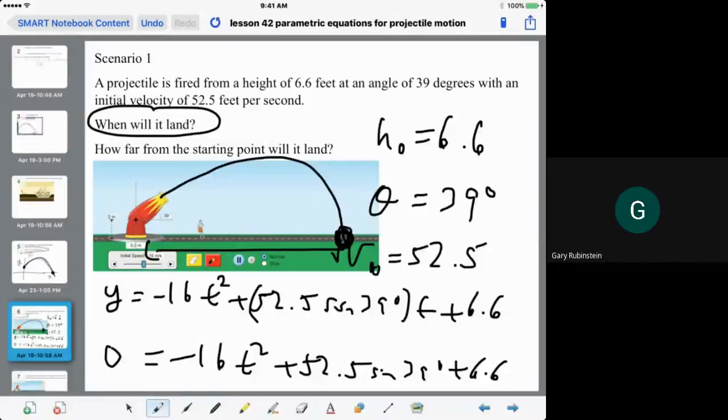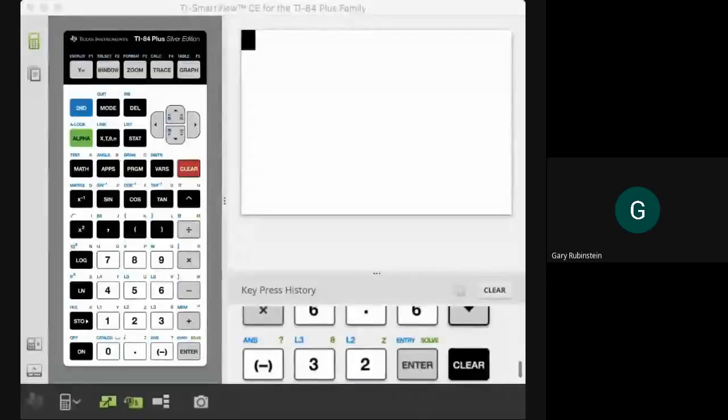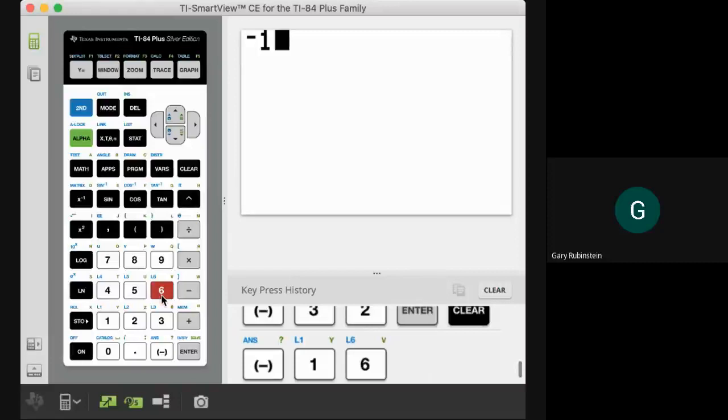Let me bring up the graphing calculator for a second and see if I can see what I did wrong. So here's the graphing calculator. I think what I would do is take negative 16, which is going to be the a value.